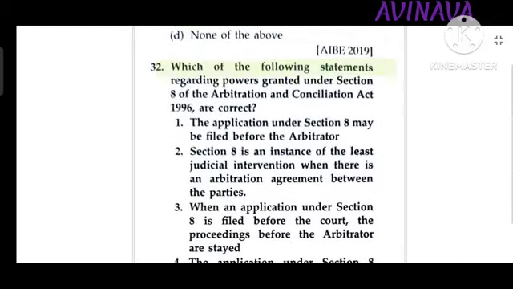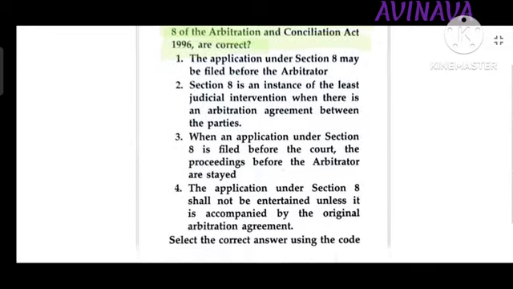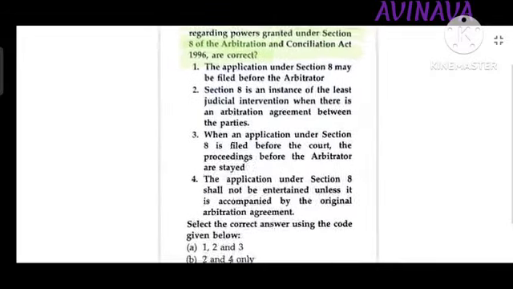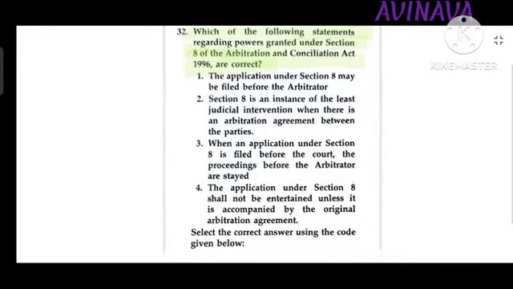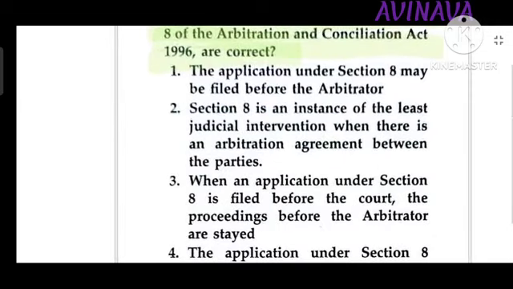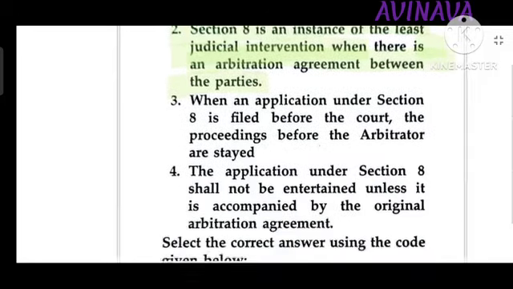Which one of the following statements regarding the power granted under Section 8 of the Arbitration and Conciliation Act 1996 is correct? Two and four only. Section 8 is an instance of least judicial intervention when there is an arbitration agreement between the parties.